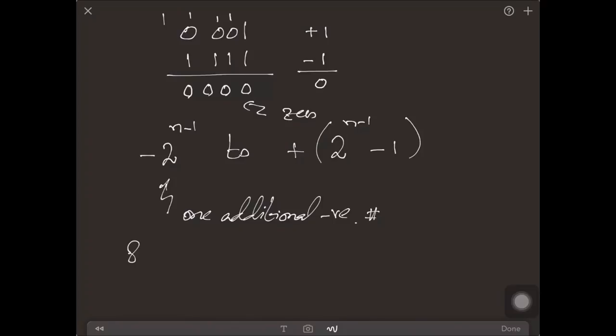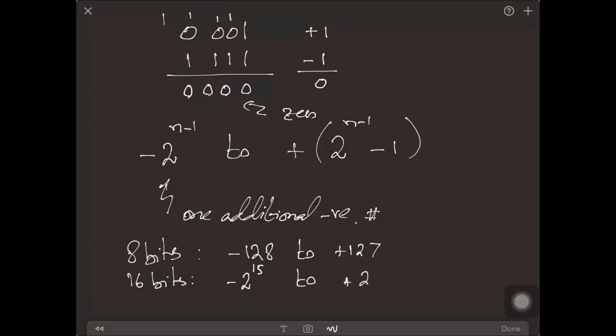If we have 8 bits, and we are talking about signed numbers, it can range from -128 to +127. If we have 16 bits, it can range from -2 raised to power 15 to, of course, +2 raised to power 15 minus 1, and so on.